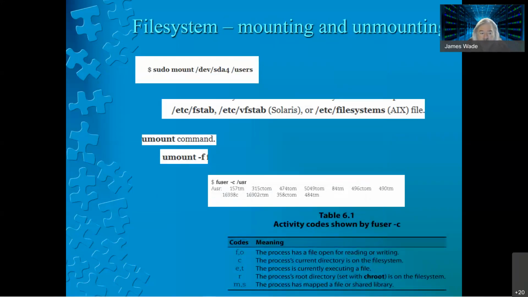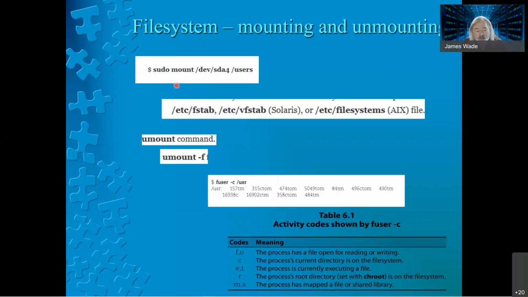Now, file systems. What if we need a file system? Let's say some department wants to load a database server, or create a database server, and they need something called /data. Well, we can create that file system, and then once we've created it on the disk, we then mount it.